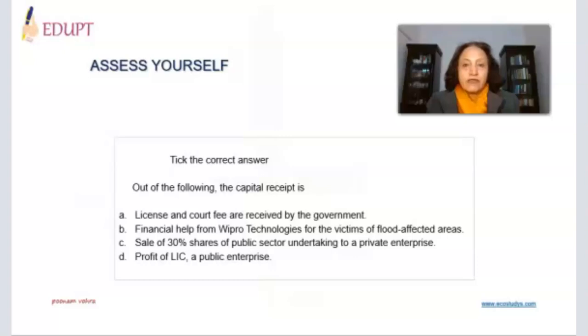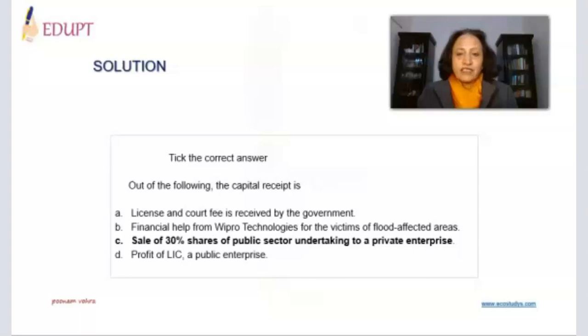B. Financial help by Wipro Technologies to the victims of flood affected areas. C. Sale of 30% of public sector undertaking to the private enterprises. And D. Profits of Life Insurance Corporation, a public enterprise. Think it over. Please check your answer.